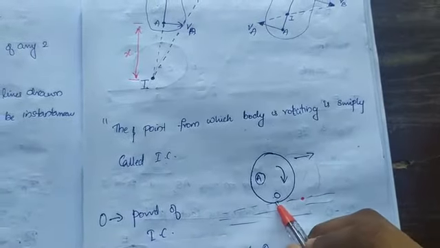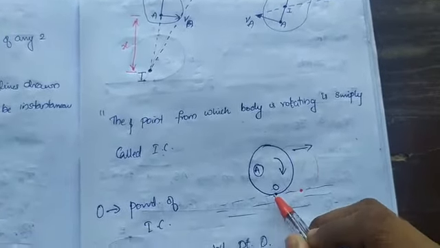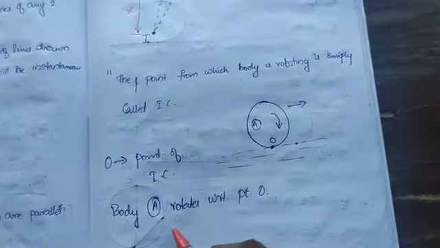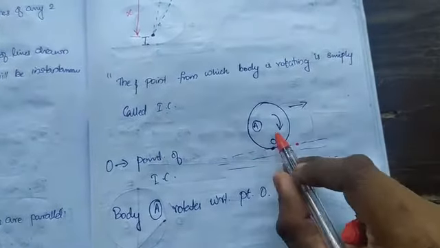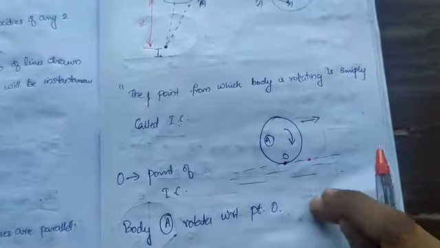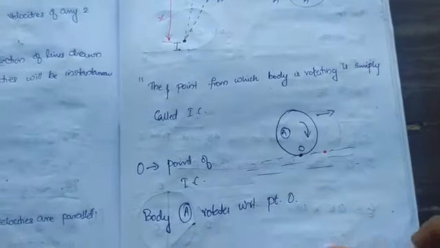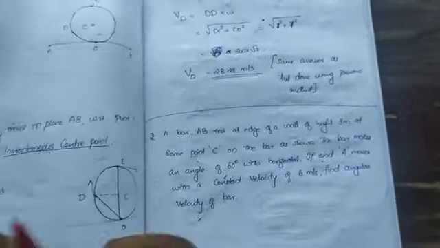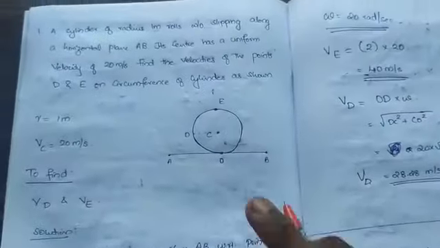So the instantaneous center will be this point. Body A rotates with respect to point A. This is another important concept that you should understand. We'll do problems regarding this.